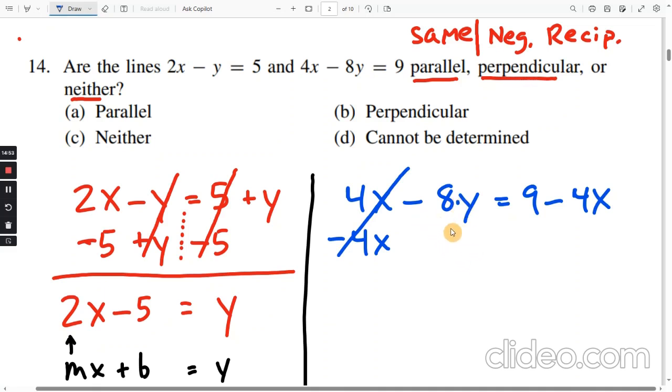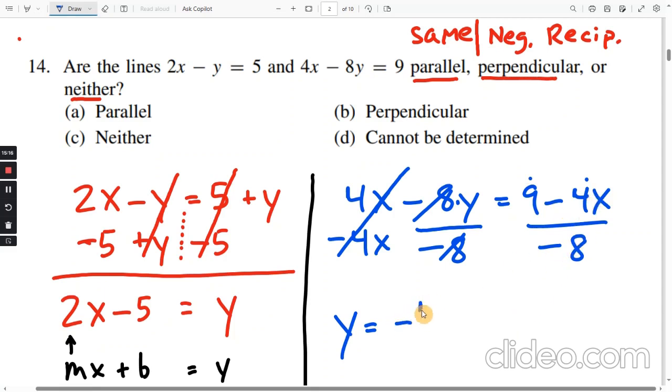The opposite of times negative 8 is divided by negative 8. And the negative 8's cancel. We have y equals. Now when you add or subtract over a common denominator, both of these terms are over the denominator. So we have negative 4x over negative 8, and we have 9 over negative 8.